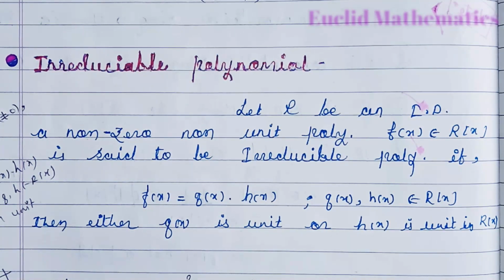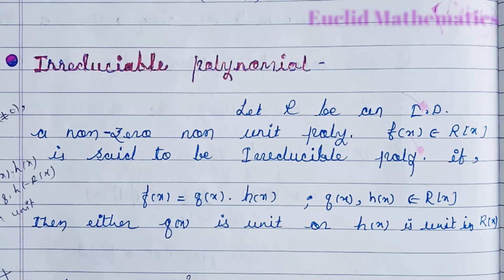In simple language, we cannot factorize our polynomial: one polynomial has to be a unit and the other a non-unit, so we are not able to find proper factors. Or, if we are able to find factors, but none of them is a unit and both do not belong to R[x], then we also call it an irreducible polynomial.